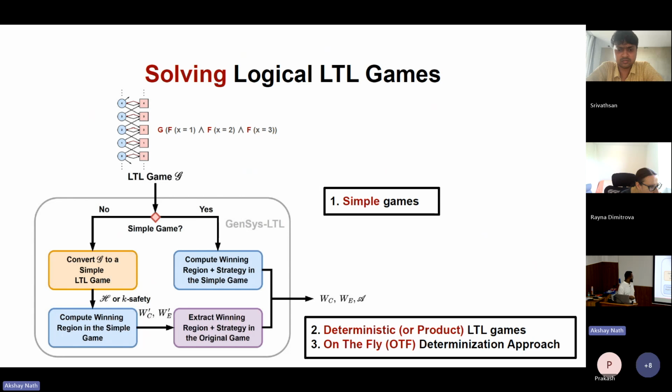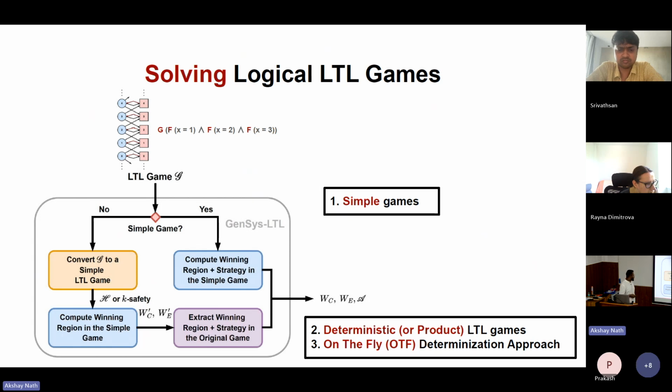Yes, what we look at is, for example, even the deterministic product LTL games. It's known in the literature that you can take a product and compute the solution, but compactly representing them using logical constraints is the key for scalability in our observation.